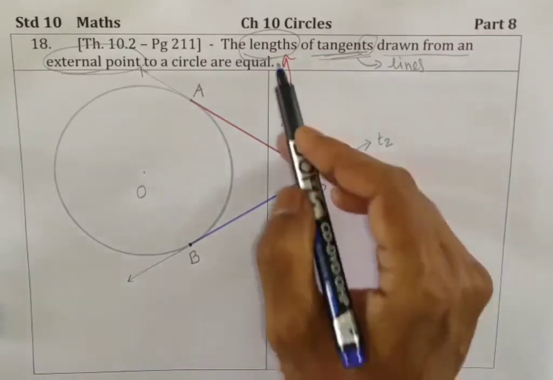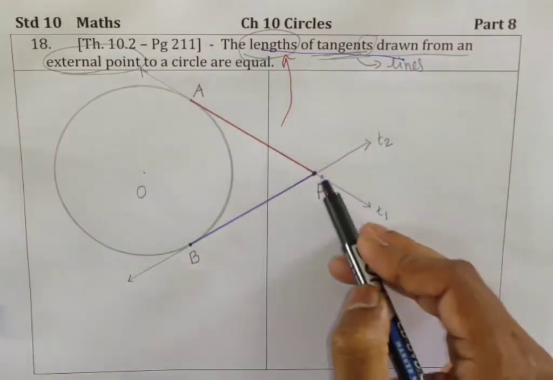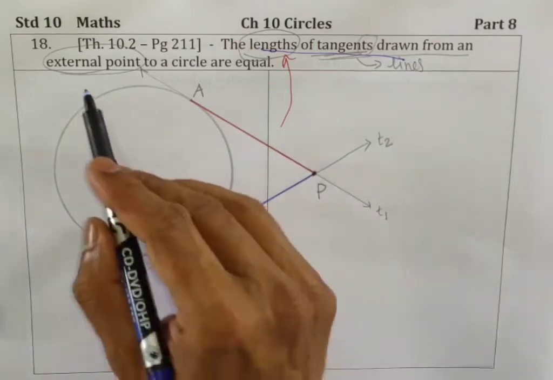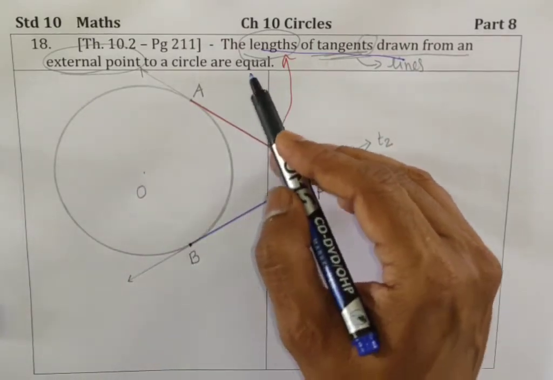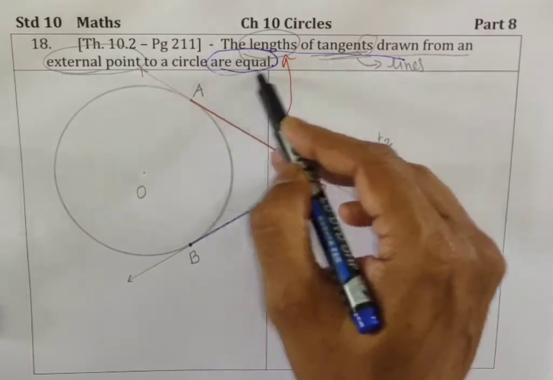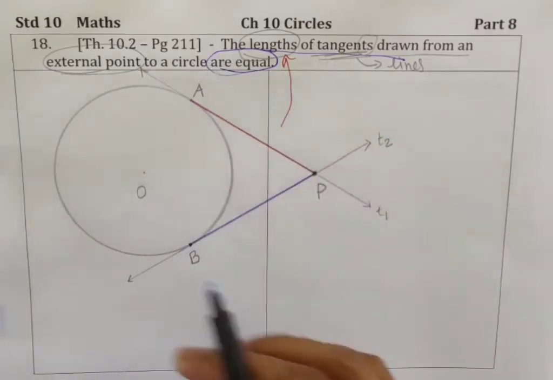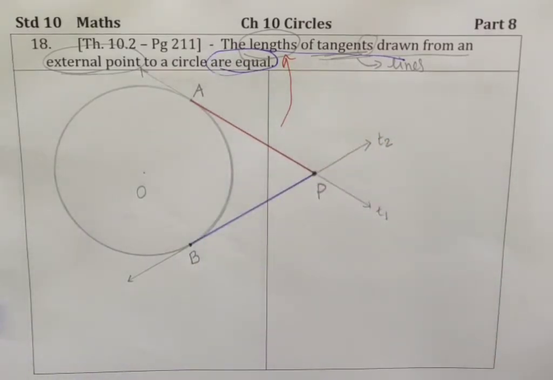So, we have to prove the lengths of tangent drawn from point P in the external point of the circle are equal. So we have to prove PA equal to PB. Okay? How can we do that? अब हम थोड़ा 9th standard में जो congruent triangles के बारे में सीखे थे उसको याद करेंगे.